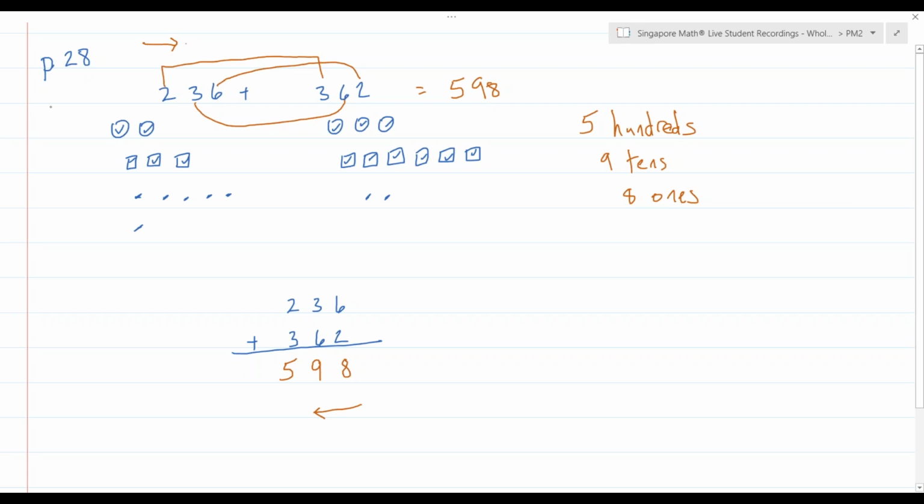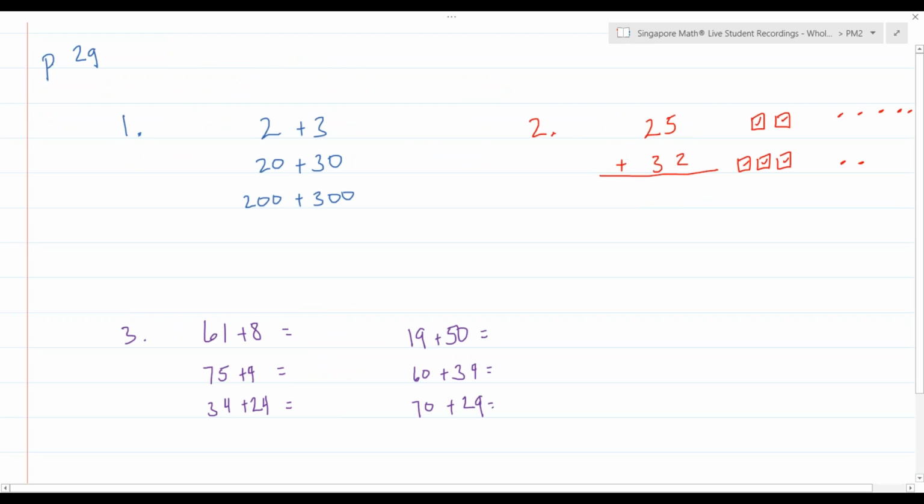What you'll find is that the horizontal will eventually be faster, but sometimes in the middle it's nice to be able to do it this way. The vertical way sometimes is nice as you're learning and thinking about it. So in Primary Math 2, we talk about it vertically, and then as you get older and faster with it, we do math horizontally. Let's go ahead and look at page 29.